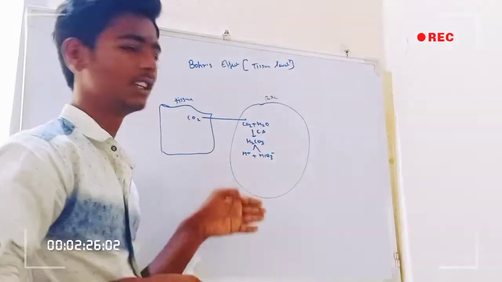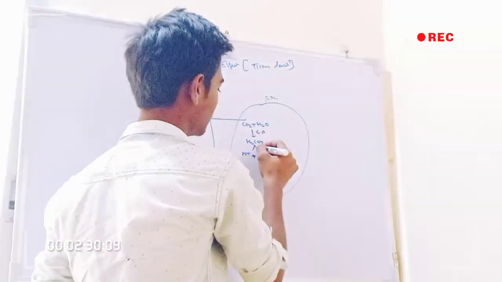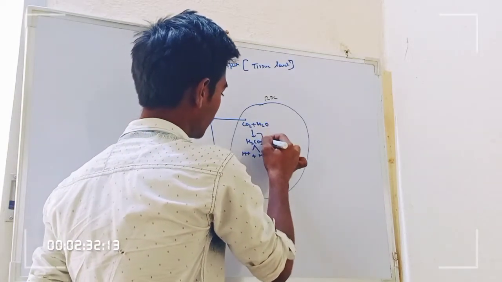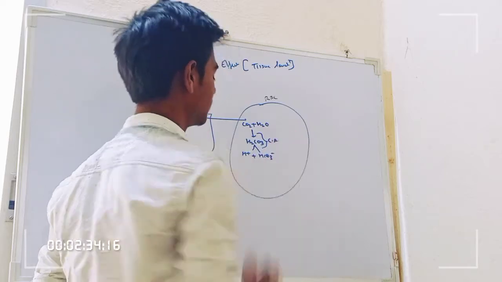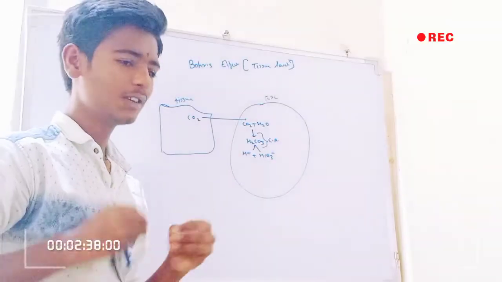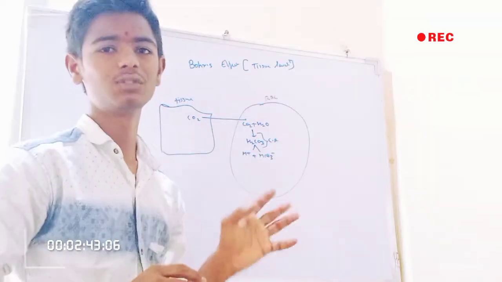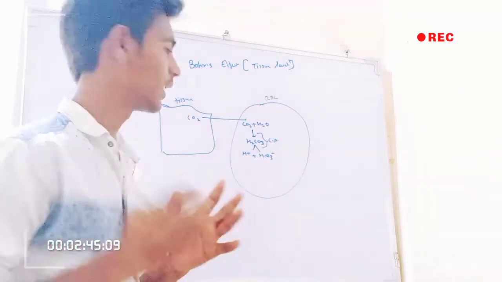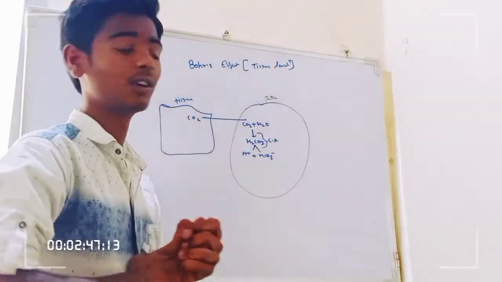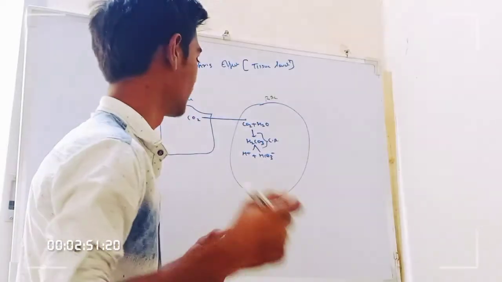This process is also regulated by the same enzyme, that is CA. Most of the processes that occur in the RBC during this diffusion are regulated by this enzyme, carbonic anhydrase.